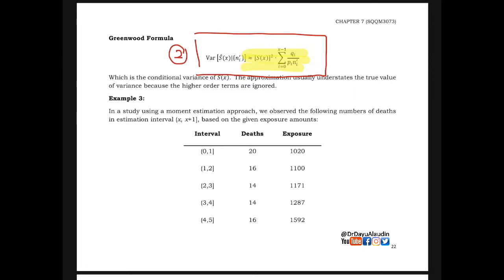In a study using a moment estimation approach, we observe the following numbers of death in estimation interval x and x plus 1. So you are given the interval, death, and exposure. So the number of death is di, and exposure is Ni. So i represents which participant.